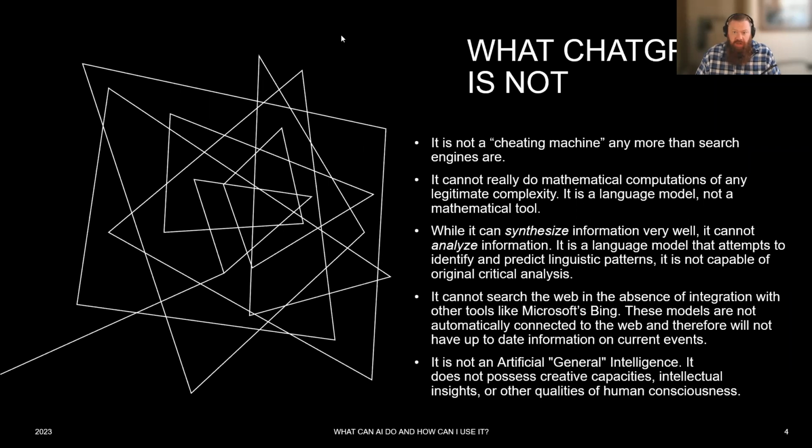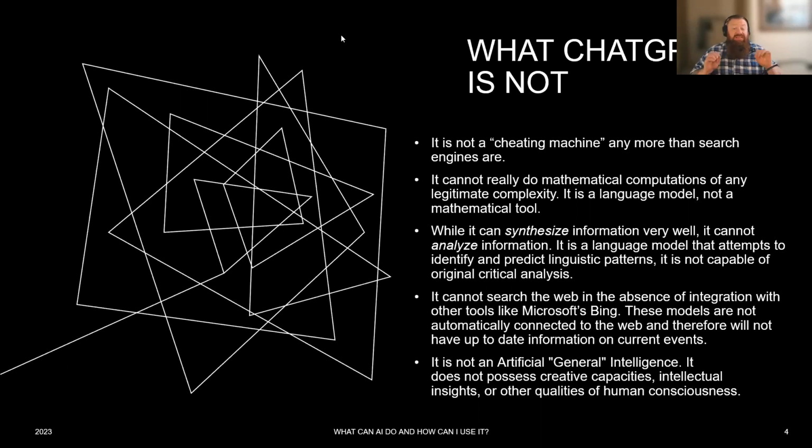It is really limited in what it can do mathematically. This is a language model, and so the mathematical capacities it has are limited to the language it has consumed, right? So if you ask it, what's 4 plus 4, it's going to pretty consistently give you the correct answer because there's a fair amount of language out there on that particular mathematical function.